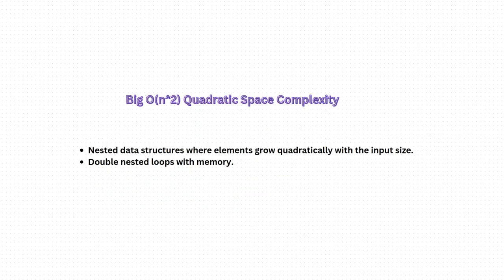So guys, the first criterion you will see is a nested data structure where elements grow quadratically with the input size. So what is happening here is the input size or the data itself will grow quadratically. Let's say, for example, there's an input of 10.